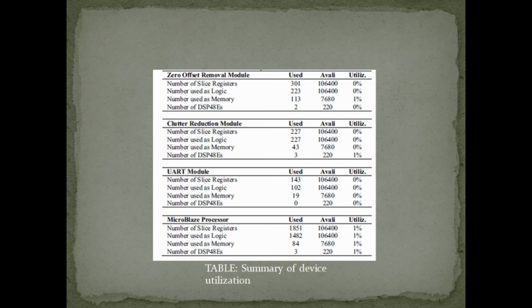In particular, it reveals the resource utilization of the zero offset removal module, clutter reduction module, UART module, and MicroBlaze processor. And here there are several categories, which I am explaining.